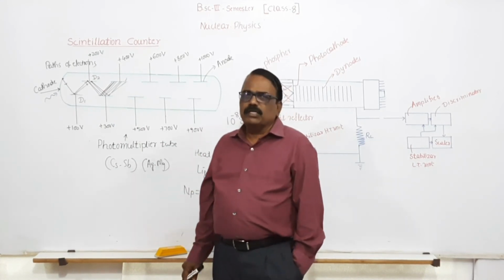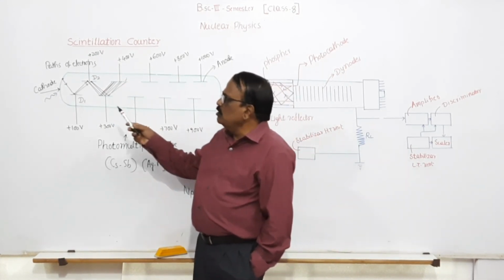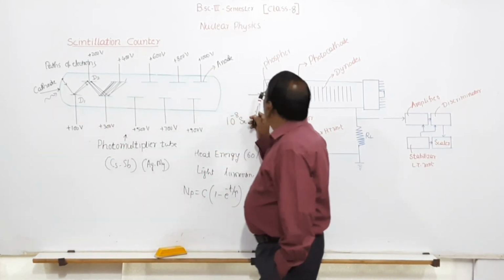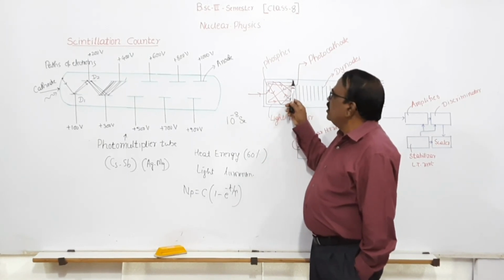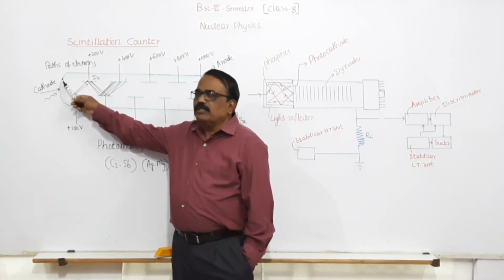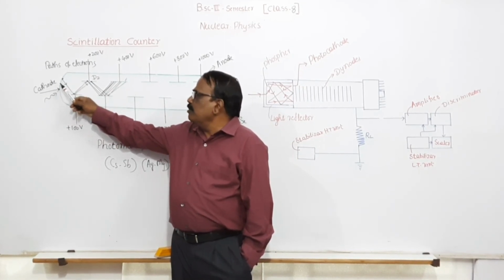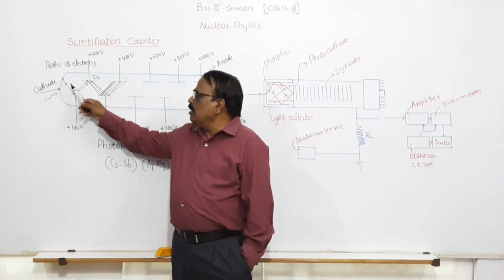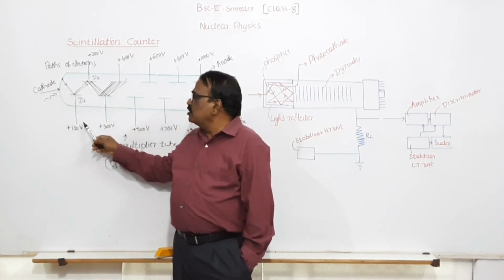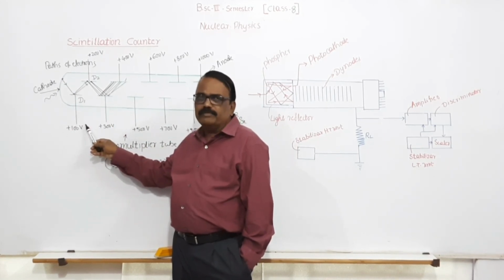What do you mean by secondary emission? When from the scintillator the photon is incident on the cathode, photoemission takes place. This one photon ejects one electron, and it is directed towards this D1 which has 100 volts potential.